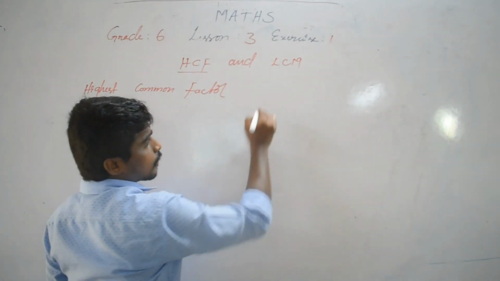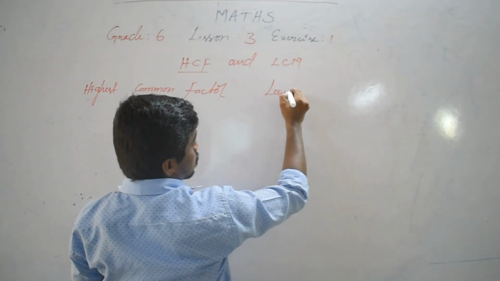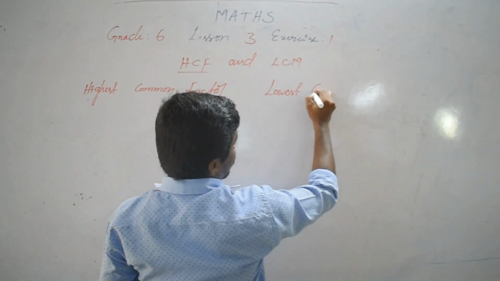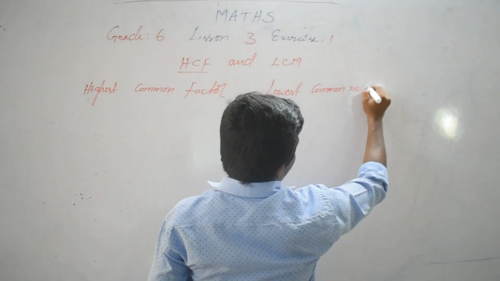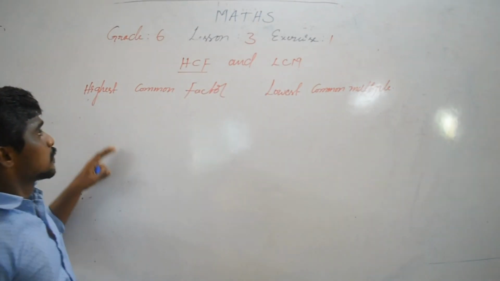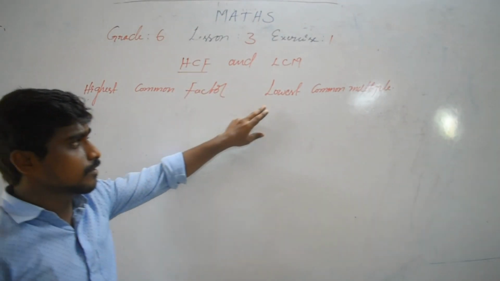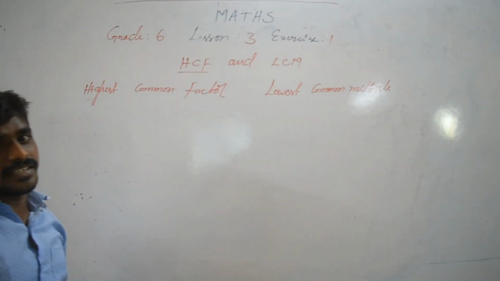LCM means lowest common multiple. So highest common factor, lowest common multiple, HCF and LCM.